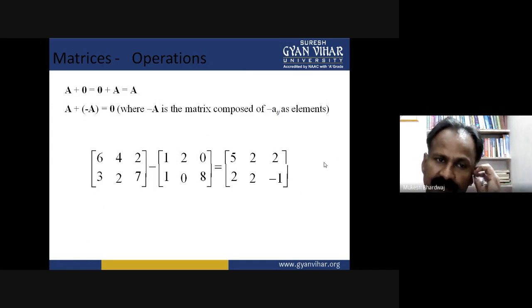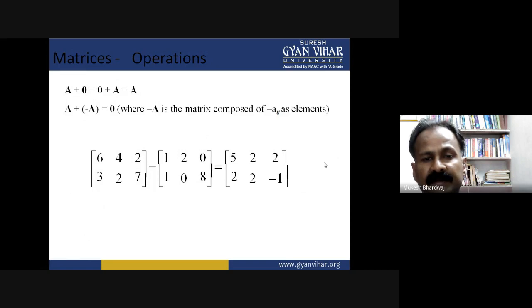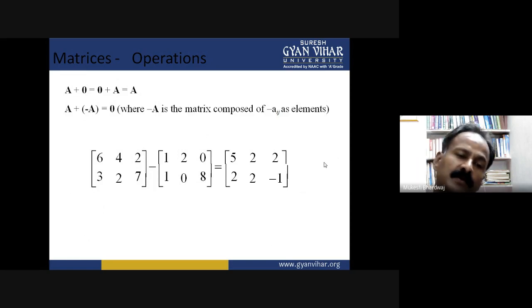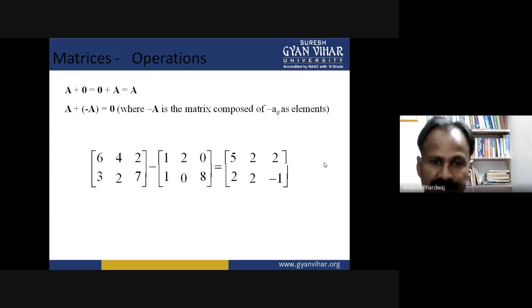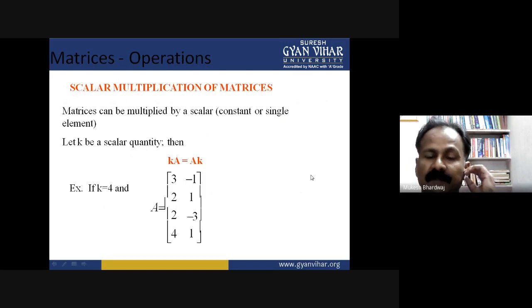So, the subtraction of two matrices, for example, 6, 4, 2, 3, 2, 7, subtracted from 1, 2, 0, 1, 0, 8, is equal to 6 minus 1, 5, 4 minus 2, 2, 2 minus 0, 2, 3 minus 1 comes out to be 2, 2 minus 0 comes out to be 2, and 7 minus 8 comes out to be minus 1. So the addition and subtraction of matrices is completed.